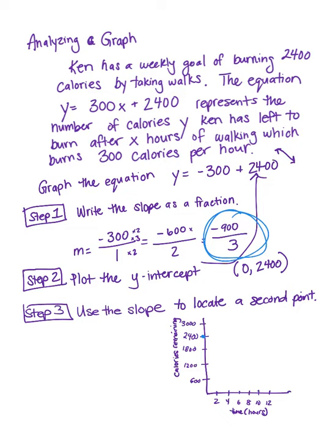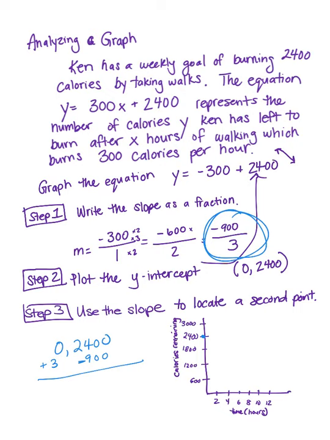So if I am starting at 0, 2,400, and I'm going down 900 and right 3, well, I'm going to be adding 3 here, and I'm going down, so I'm going to be subtracting 900 here. Since we're dealing with such big numbers, that's why I'm figuring this out over here.